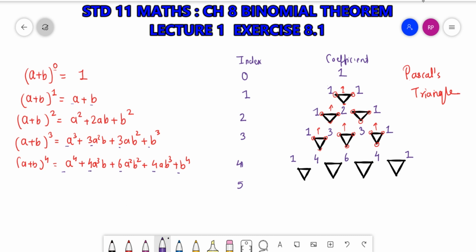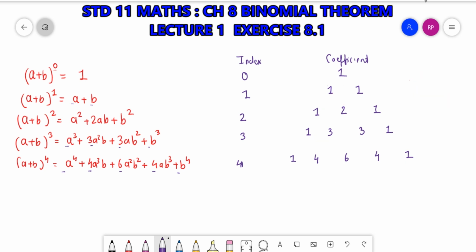So here it will be 1, 1 plus 4 is 5, 4 plus 6 is 10, 6 plus 4 is 10, 4 plus 1 is 5, and 1. So we can easily find out the next rows. Clear? So this is about Pascal's triangle.